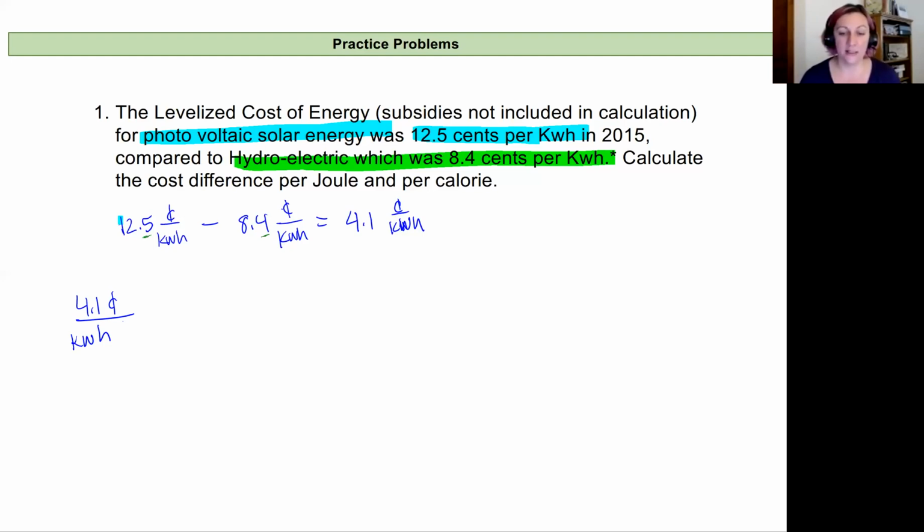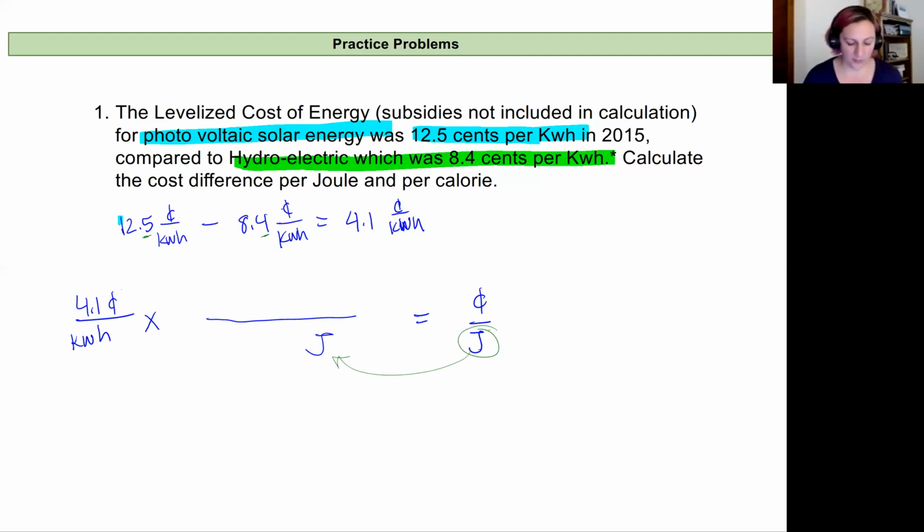And so let's start with joules. And if we want to look at this cost difference, we still need to keep that cents in our units. So we want to convert this number into something that is cents per joule. So to do a conversion like that, I know that I want to end up with joules actually on the bottom this time, right? Because I want it to be per joule.